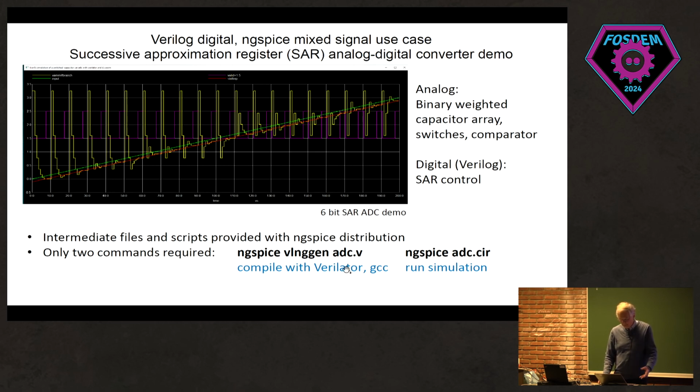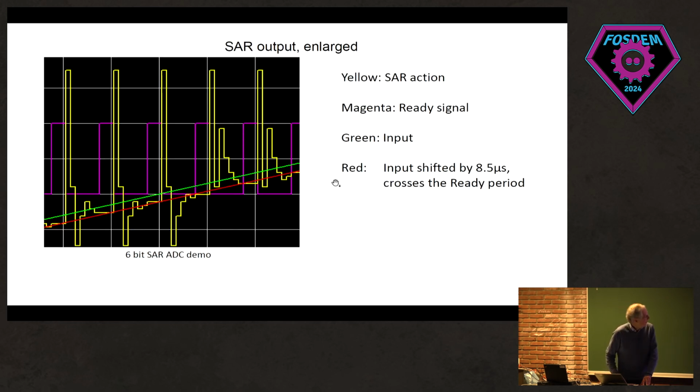It compiles the Verilator part, it compiles the GCC part, and then you call the Spice netlist with the standard command ngspice adc.sir, which contains the analog part and the simulation control, and then you get this kind of thing. I have just enlarged it a little bit.